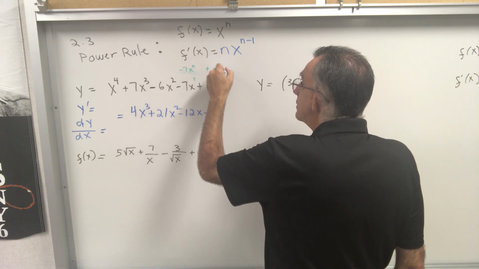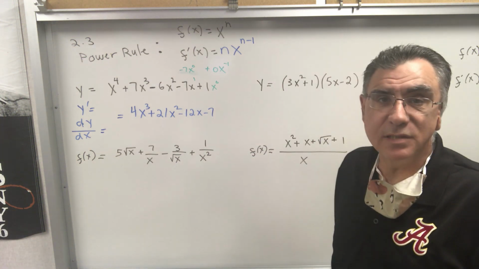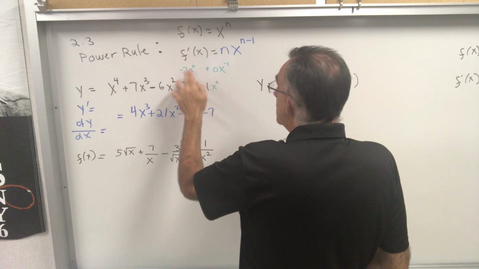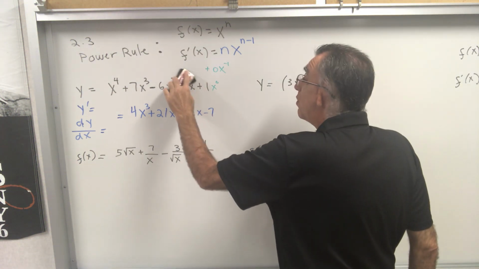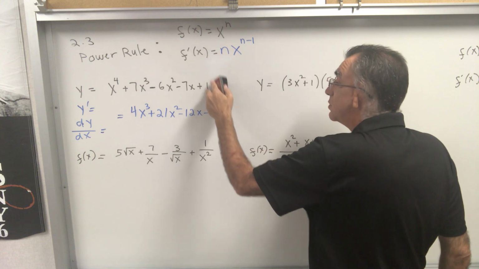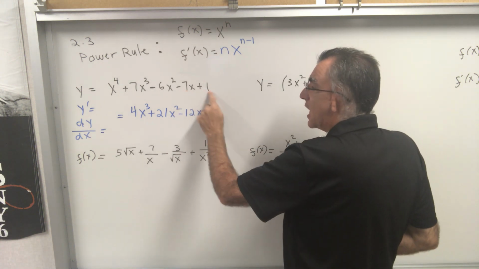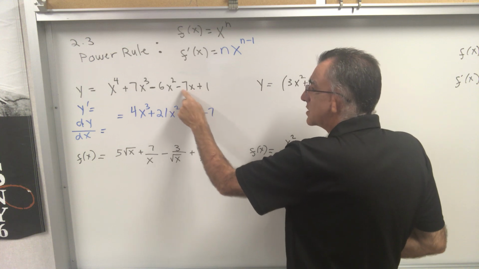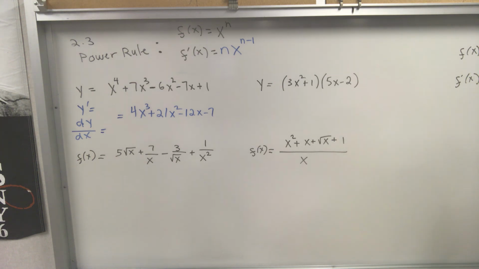Bring the 0 down, x to the negative 1. Well, 0 times anything is going to be 0, isn't it? So you don't do it that way, but yeah, technically the rule still holds, right? You still use this blue rule. But normally when it comes to lines, we know that 7x has a slope of 7 and the constant 1 has a slope of 0.